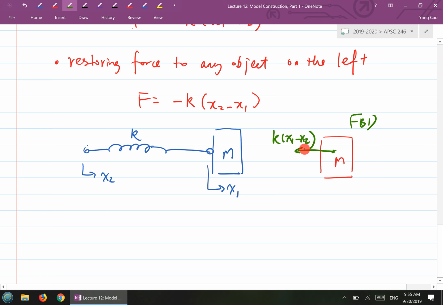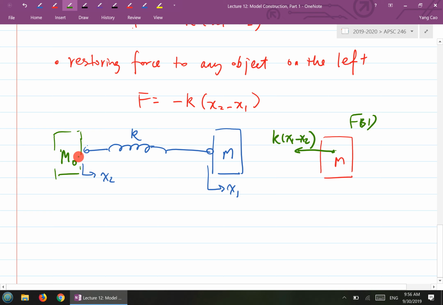What's the difference between this general and a specific situation? You can try it: if you have an object attached on this side here, what will be the free body diagram, and what would that force point to for a mass on this side here?